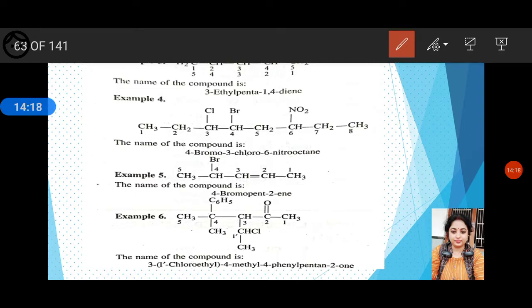Now let's first see the longest carbon chain. 1 2 3 4 5. From left hand side, right hand side also 5. If we go into any branch, it will be the smaller chain. So the continuous chain is from this side or this side. So which way do we have to choose?